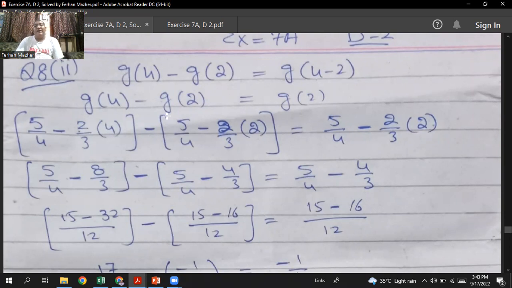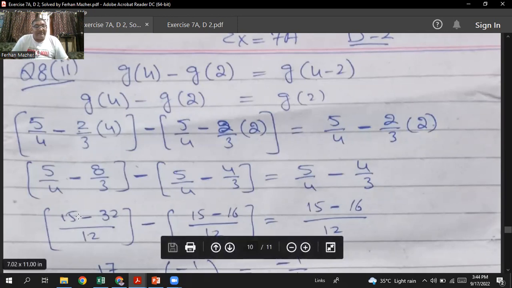On this side, you will have 5 by 4 minus 2 by 3 into 2. So you will have here 5 by 4 minus 8 by 3 minus 5 by 4 minus 4 by 3, square bracket close, is equal to 5 by 4 minus 4 by 3. Then I will take the LCM between these two.